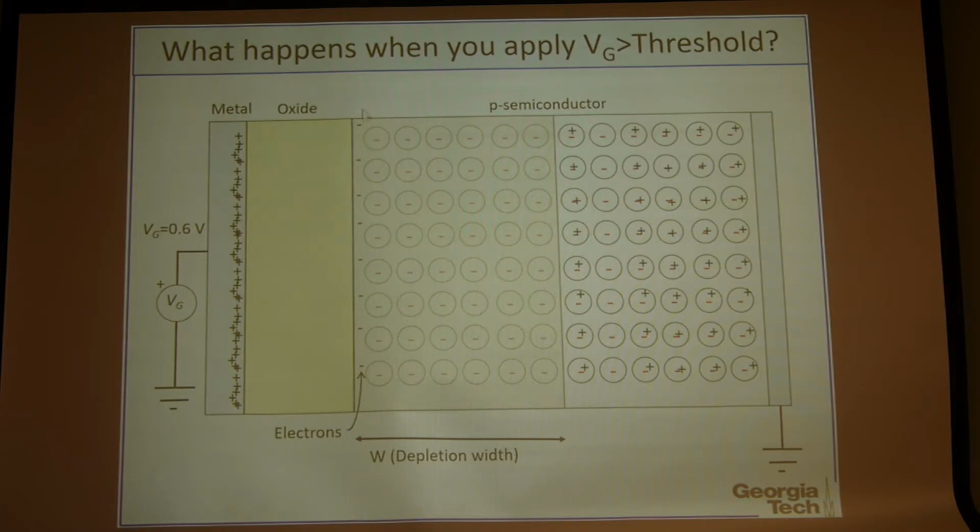Typically, this surface means a few nanometers thick, let's say one layer. So we are going to get more surface electrons. This is when the gate voltage is higher than the threshold voltage.